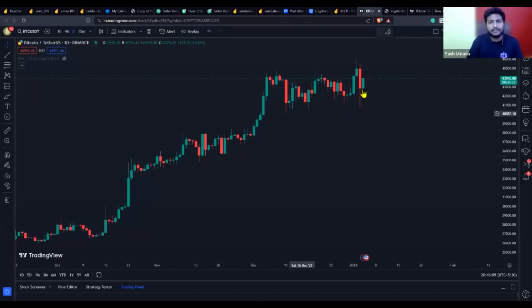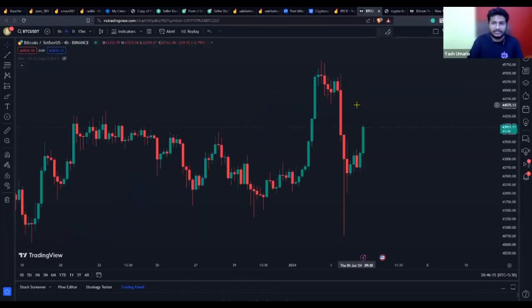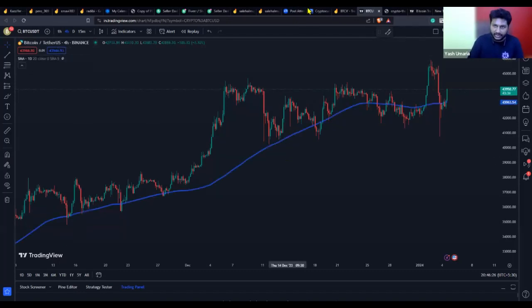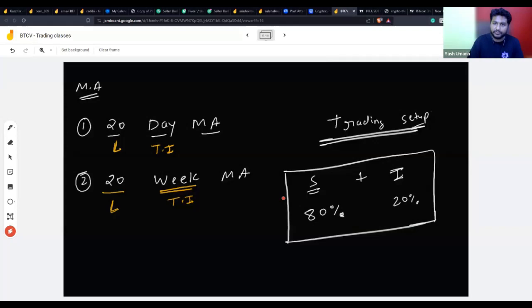But there is still something hidden which I can't see with my naked eyes, and that's why we need indicators. That's why we use indicators, in simple words. But you should never buy and sell based on a single indicator or a bunch of indicators. I hope everyone got this part.